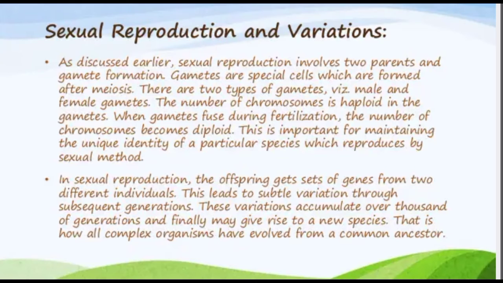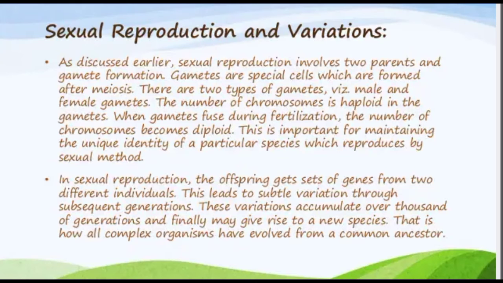In asexual reproduction only one parent is involved. In sexual reproduction two parents or two individuals are involved, belonging to two different sexes. One is male and another is female. Both these male and female organisms produce gametes.